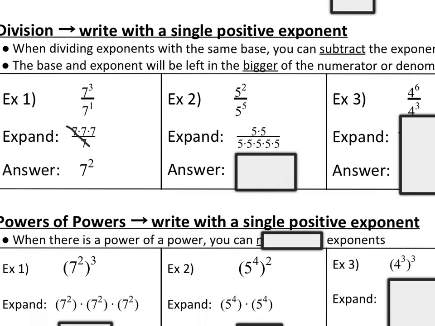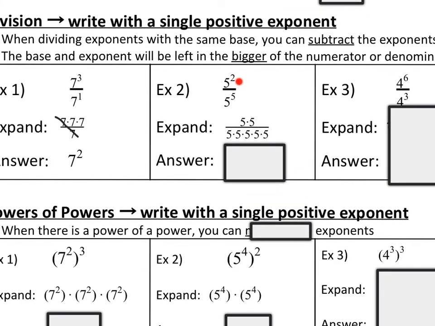Let's look at example 2. Here we have 5 squared, which we expand to 5 times 5, divided by 5 to the fifth, which expands to 5 times 5 times 5 times 5 times 5.